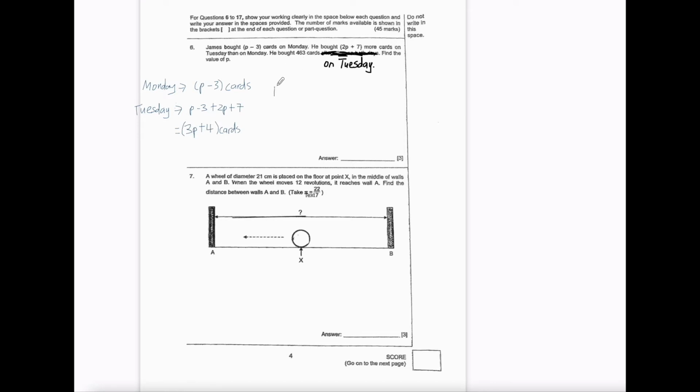So for students, please draw a model to show 3P plus 4. So to find out what 3P is, we take 463 minus 4.